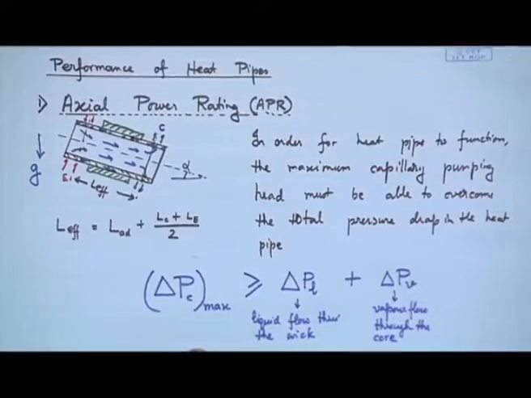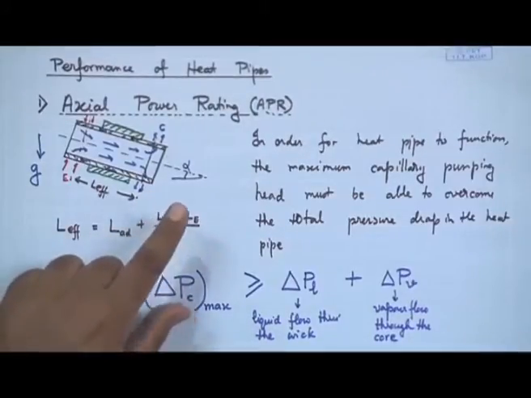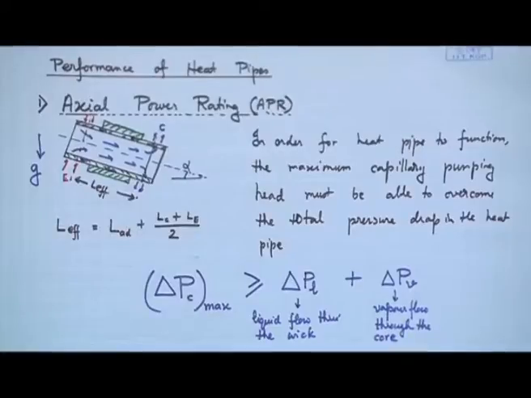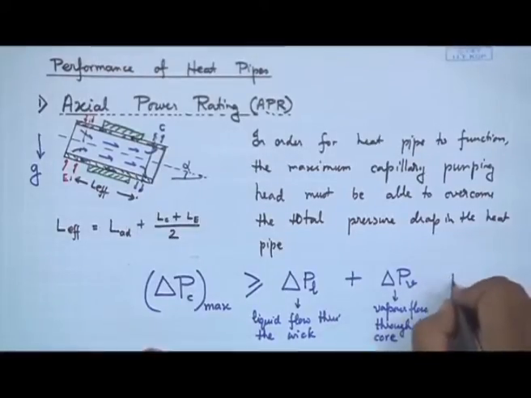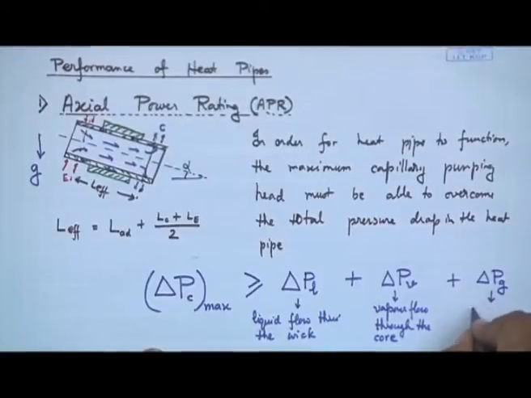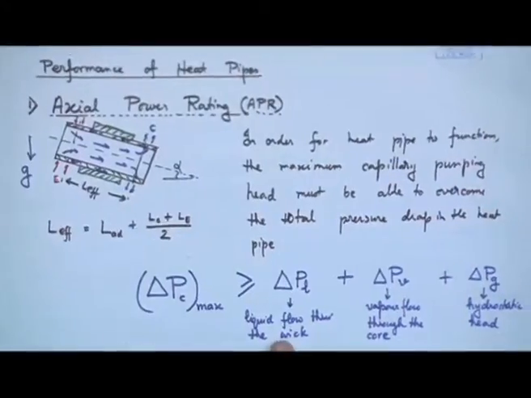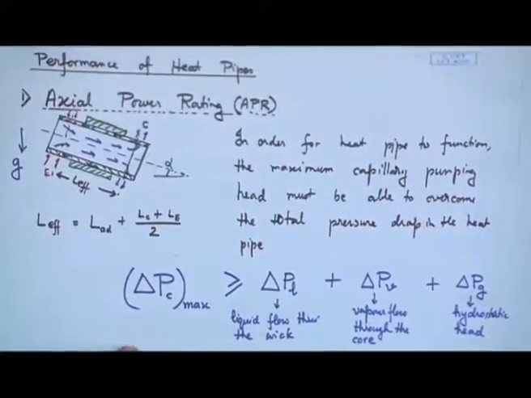Okay, what else? This is where the inclination alpha that I have given deliberately comes into the picture. Because we also have a hydrostatic head because of gravity, and I am going to call it delta Pg, the hydrostatic head. Now, why is this important?